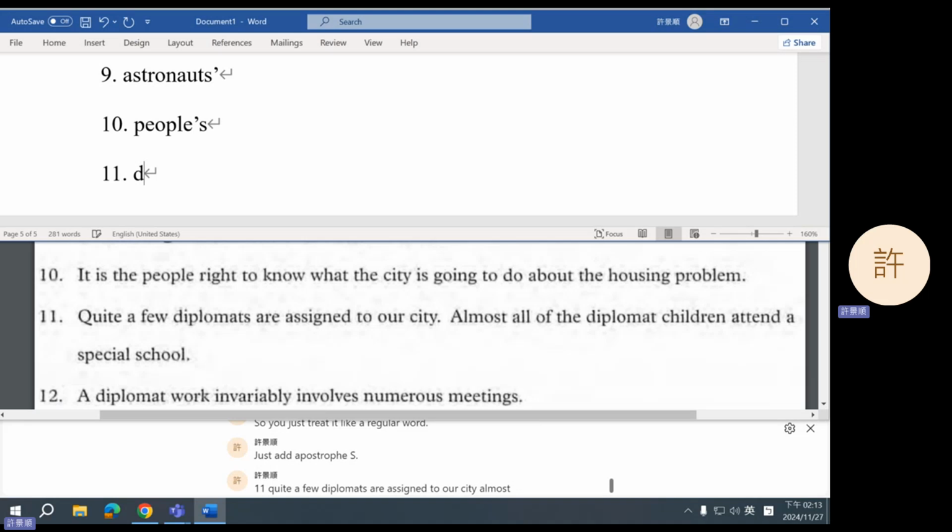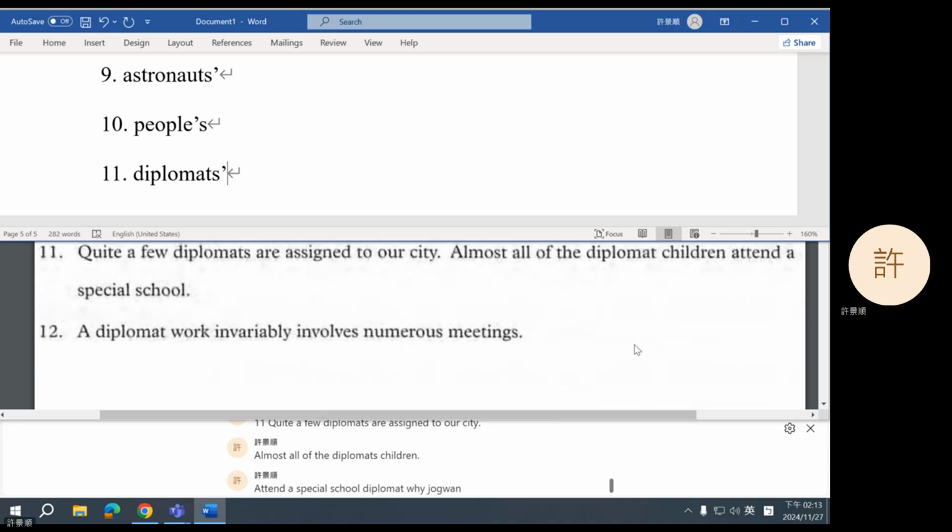Almost all of the diplomats' children attend a special school. Diplomat, 外交官. 12, a diplomat's work invariably involves numerous meetings.